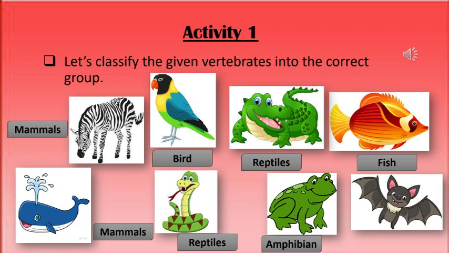Which group does the bat belong to? Whether it lays eggs or gives birth. It gives birth to the young one, so it is a mammal. So I hope that now you will be able to classify the animals into the correct groups according to the characteristics they have.